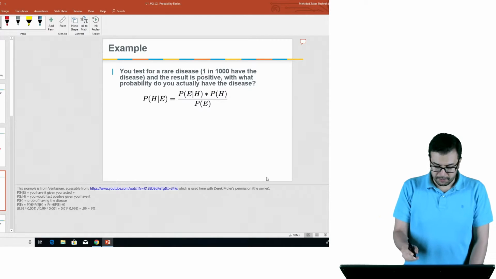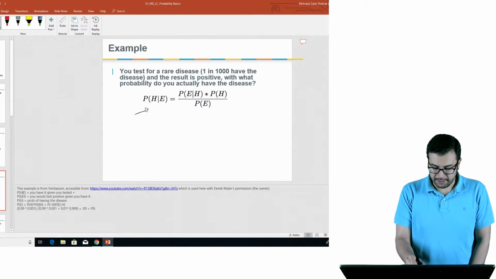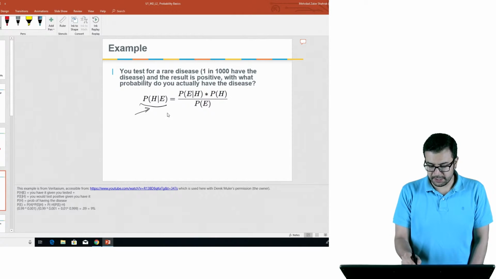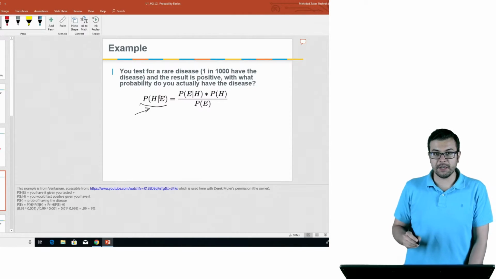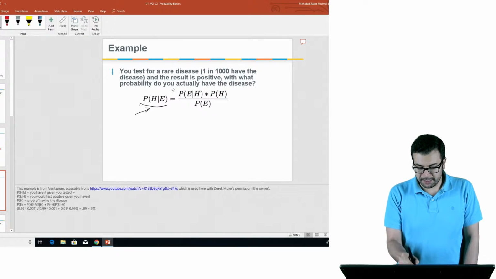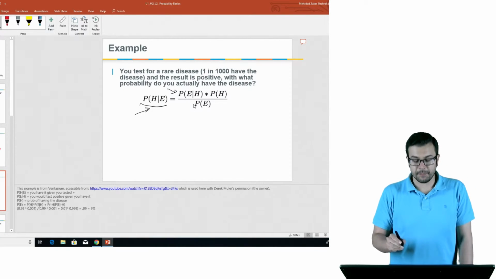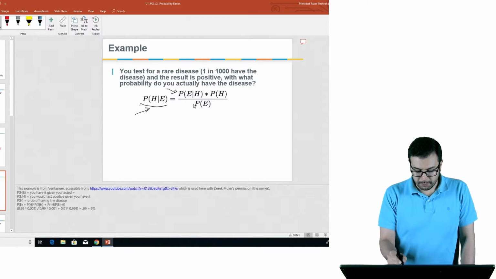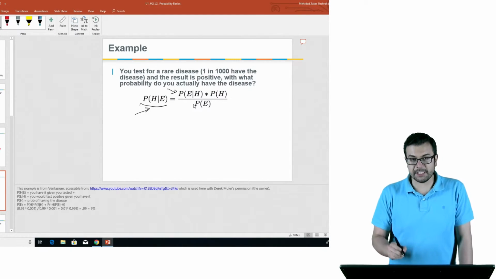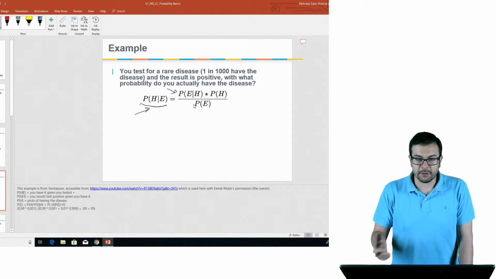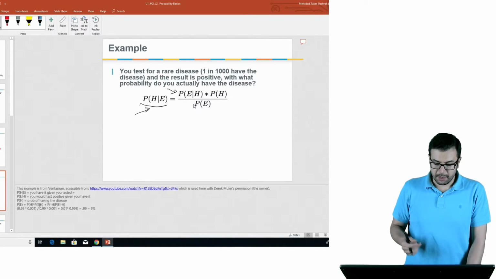The probability of you having the disease, given that you tested positive, is P(H|E). And the probability of you testing positive, given that you have the disease, is P(E|H). And the probability that you have the disease is P(H). And we have to divide that over the probability of the evidence, P(E).